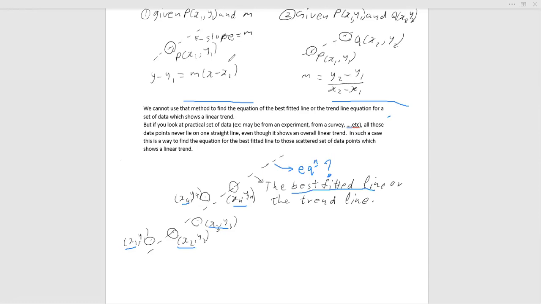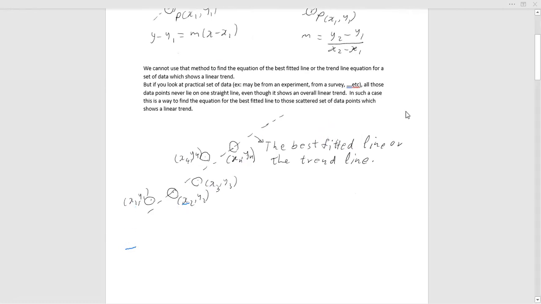Fortunately, we have a formula, and all we have to do is use that formula. I'm going to show you the formula now, but don't be upset, the formula looks hard.